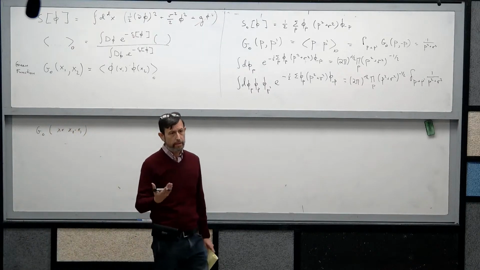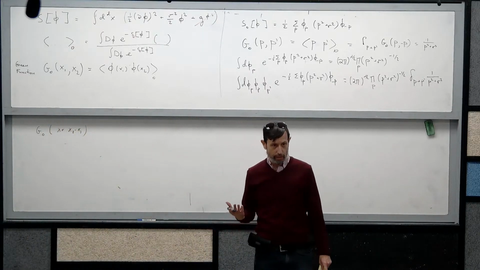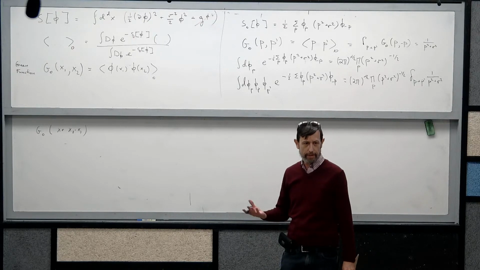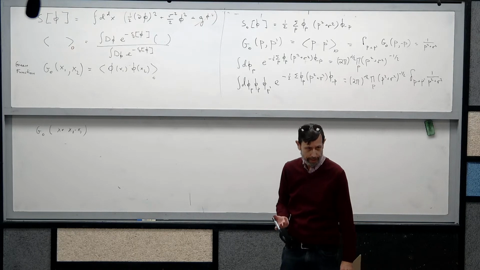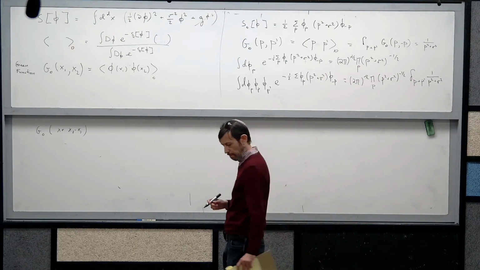Since P is conserved, it only depends on x2 minus x1. It has nothing to do with the specific points that you started. Makes sense.